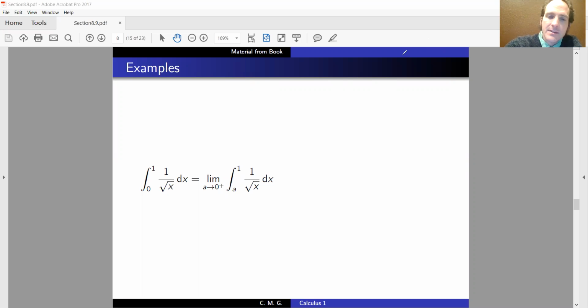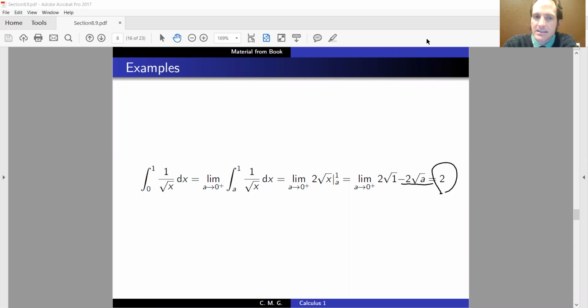Now I do the antiderivative. The antiderivative of 1 over the square root of x is just 2 times the square root of x, evaluated between 1 and a. Plug in 1, plug in a. And now as a goes to 0, 2 square root of a goes to 2 times the square root of 0, which is just 0. So I get just 2 times the square root of 1. This is 2.